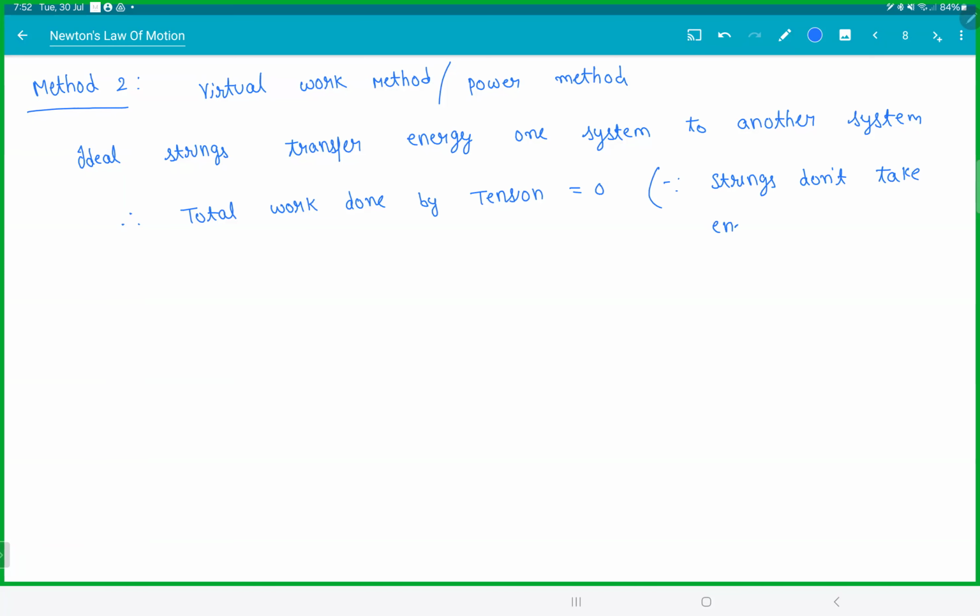A simple idea: half mv square, mass of the string is 0, so half mv square is 0. So therefore, if total energy is 0, total power due to tension is also 0. It is simply like you're taking energy from one place to another, so the person who's taking doesn't get anything there.